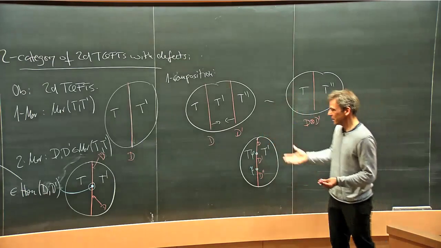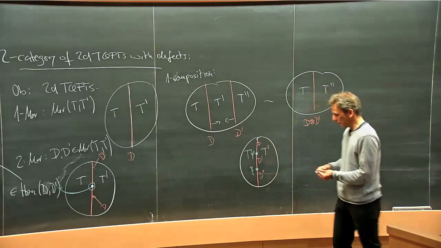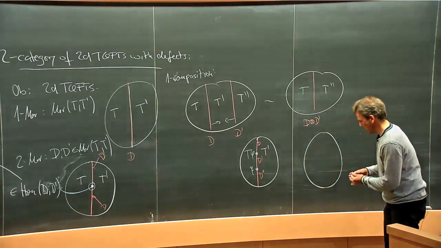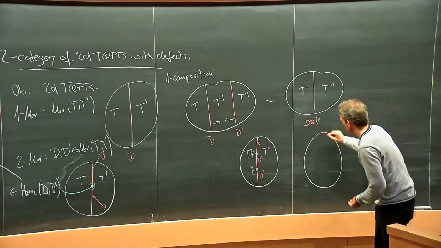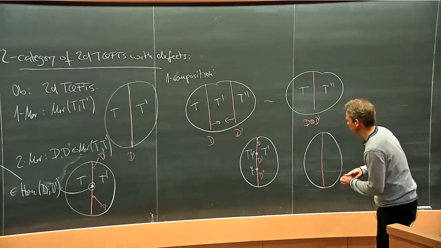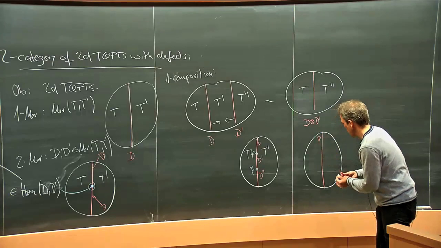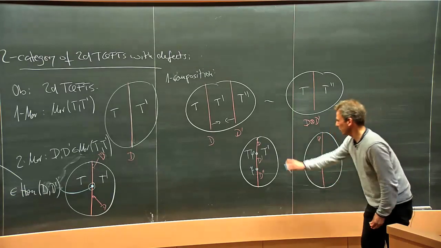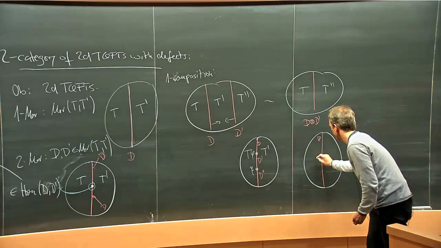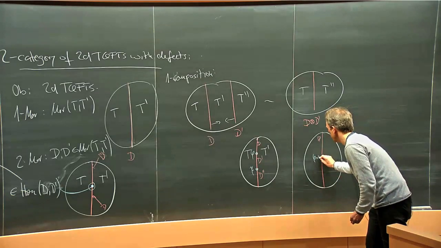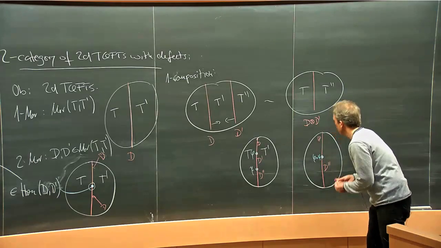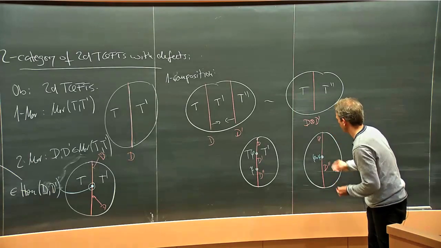And again, since this is topological, you can slide it together. So you bring these points together, and you end up with a situation like this, where now you have D, and there's just one defect on defects, which is then called phi composed with psi. So that's the two composition.